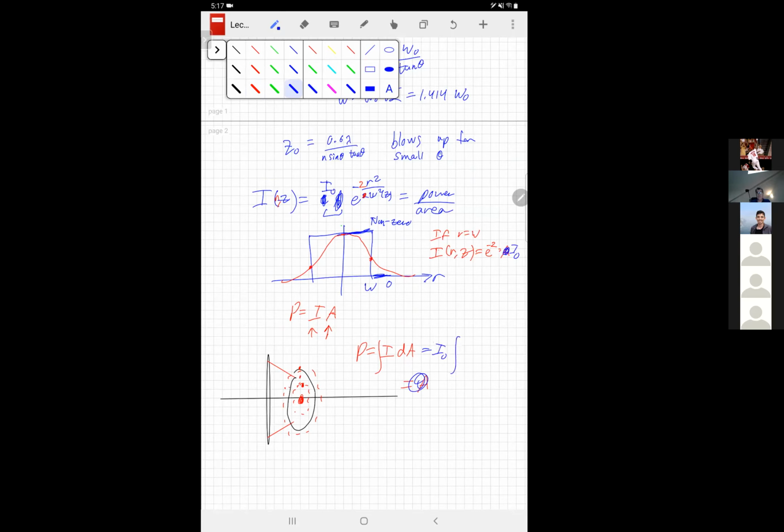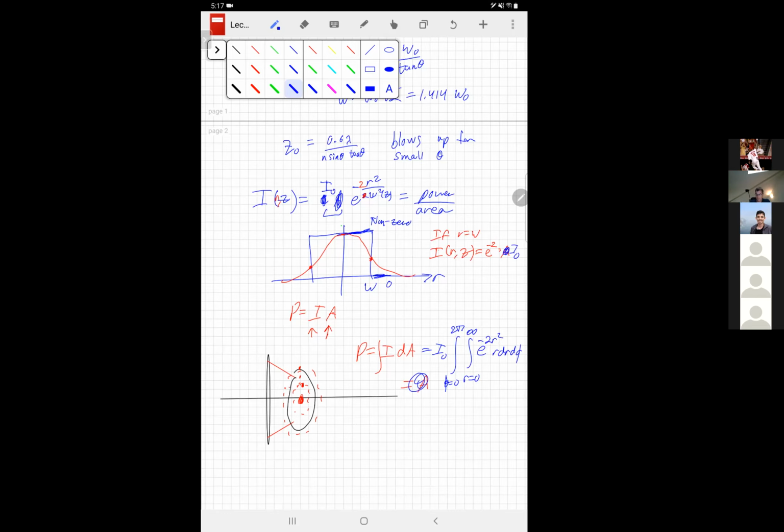I'm going to integrate in polar coordinates because if we look at a cross-sectional area of the beam, it's circular. So phi equals 0 to 2 pi. Theta is the divergence angle, and I don't want to double up symbols any more than I have to. R equals 0 to infinity, e to the minus 2r squared, r dr d phi.